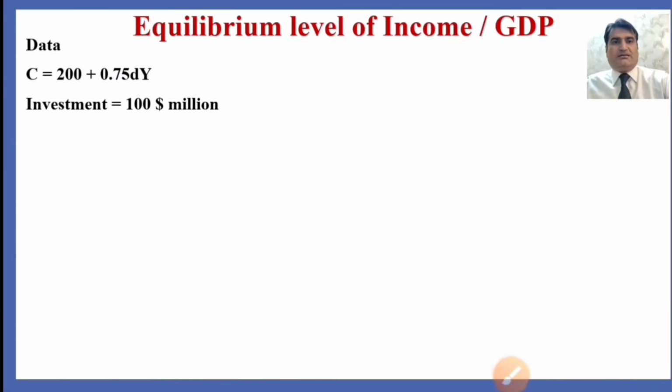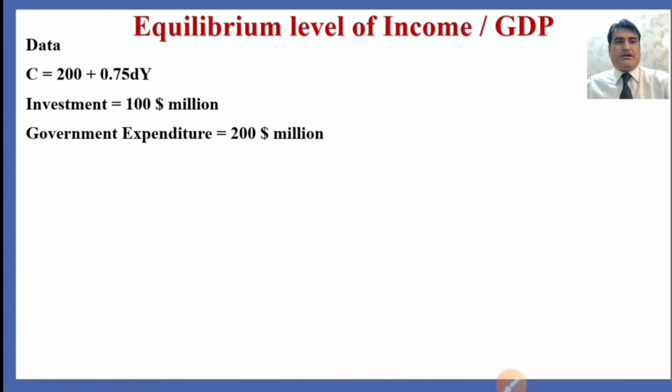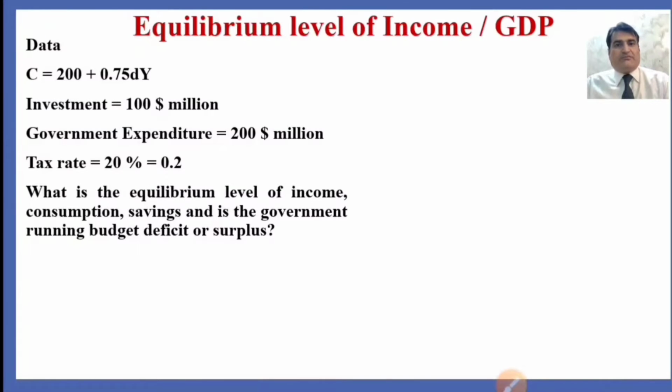The investment is $100 million, government expenditure is $200 million, and the tax rate that the government charges is 20%. Using this data, we have to determine the equilibrium level of income, consumption, saving, and whether the government is running a budget deficit or surplus.